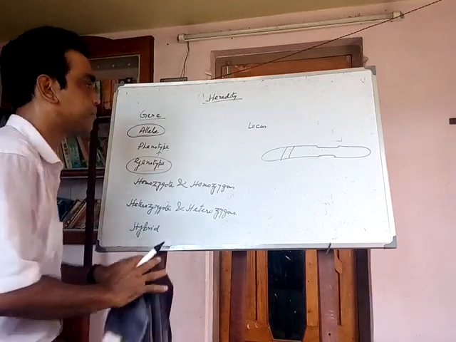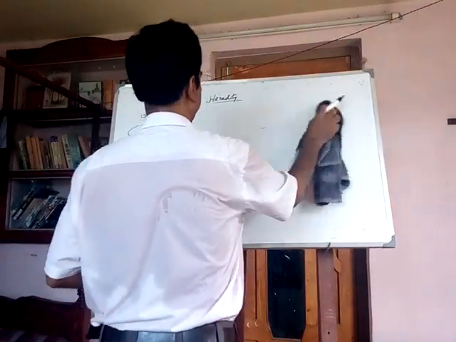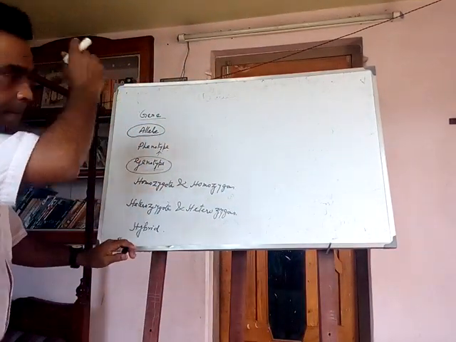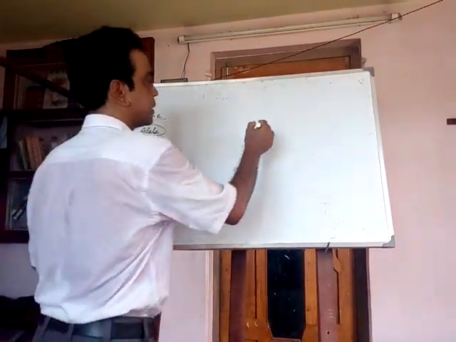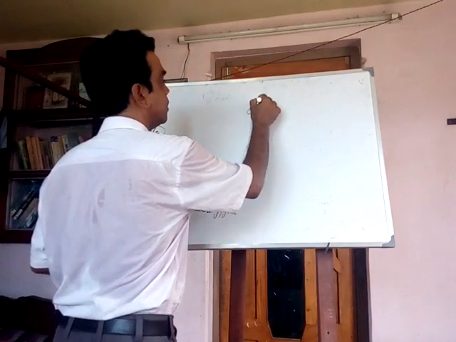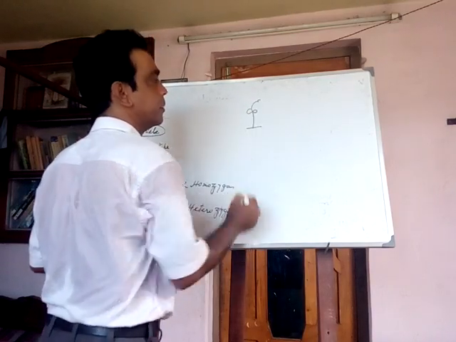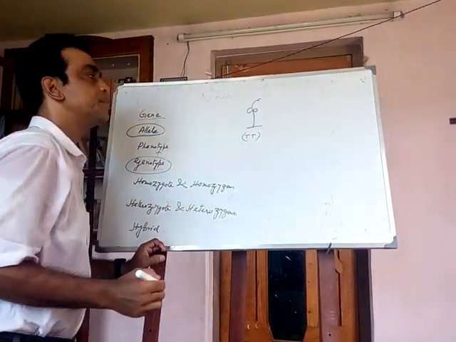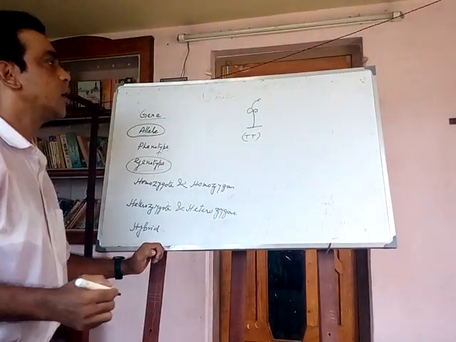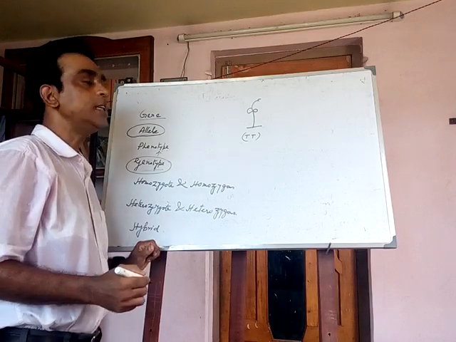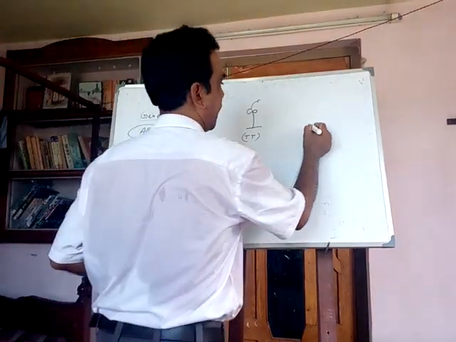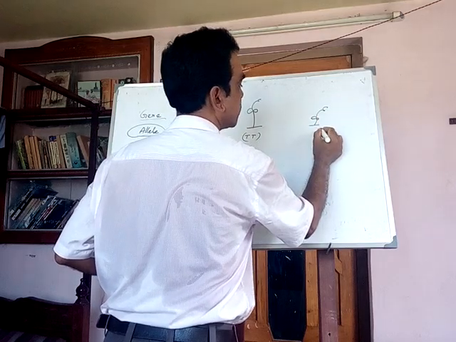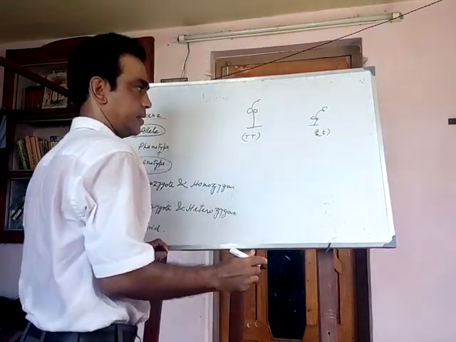Now I discuss it. That is the capital T, the pure long pea plants, and that is the pure short pea plants.